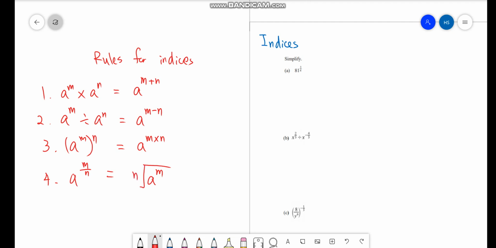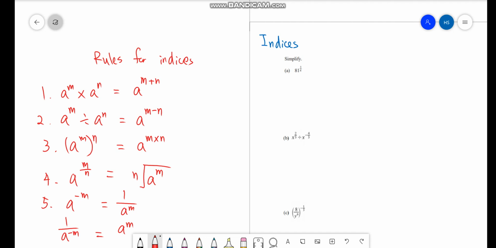So it becomes like this, a power m, root n. Lastly, we have, let's say, a power negative m. If you see negative, you just have to invert it. So it becomes 1 over a power m, or 1 over a power negative m, same thing, you invert it, it becomes a power m.